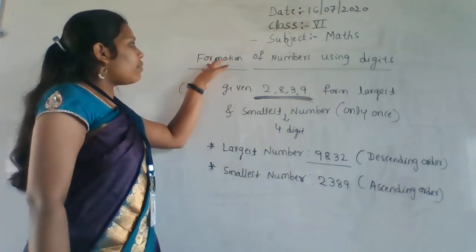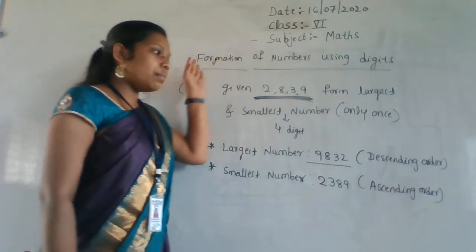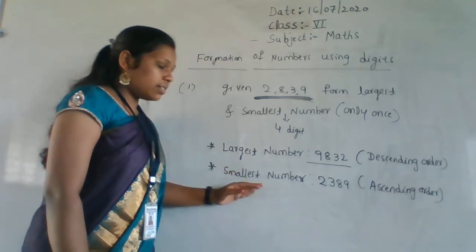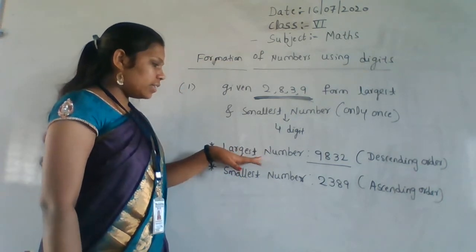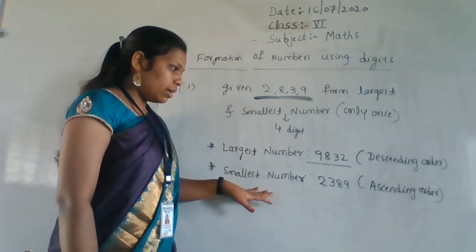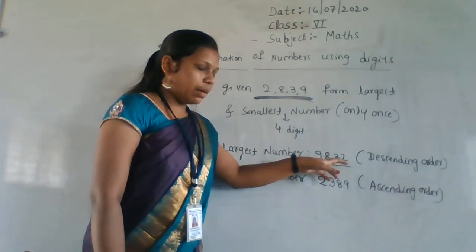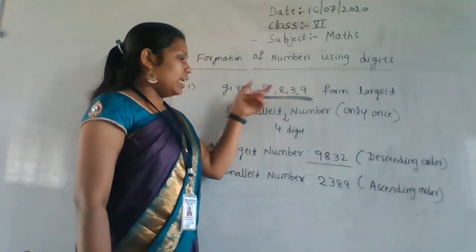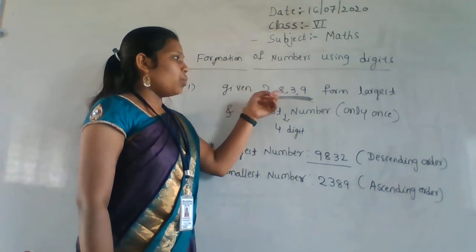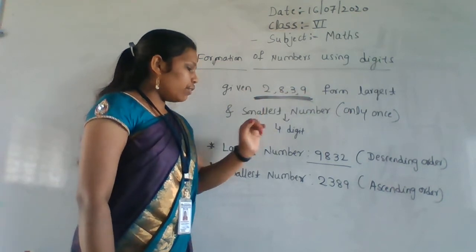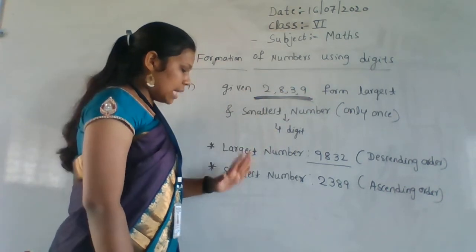But we are making the formation of numbers. That is nothing but the largest number as well as the smallest number. While writing the largest number as well as the smallest number, we don't put commas here.